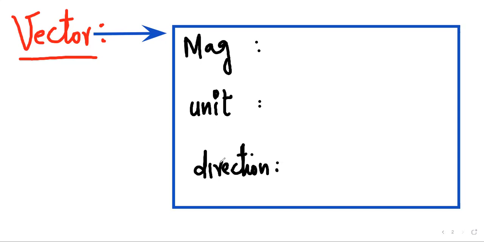Okay, suppose I would say the rocket has traveled 5000 kilometer distance. So 5000 is the magnitude, kilometer is the unit, but still there is some missing information.